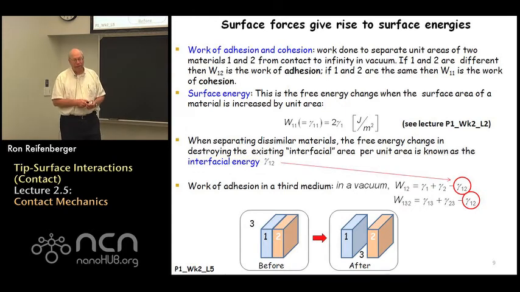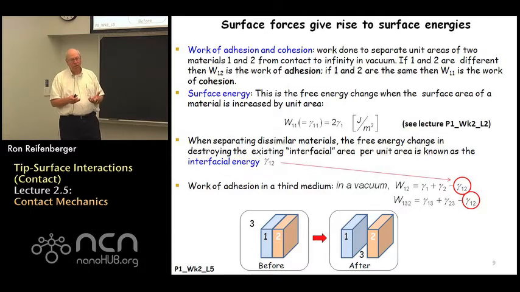Now, a key aspect in all this is that these surface forces that act between atoms in the tip and the sample are a result of the surface energies that we discussed back in lecture 2 of week 2.